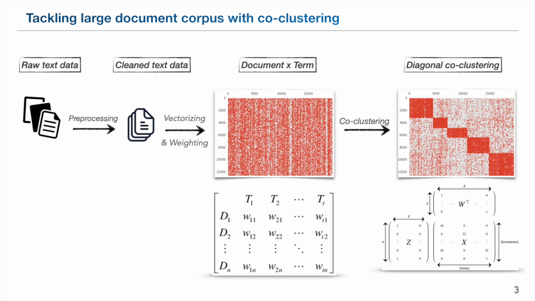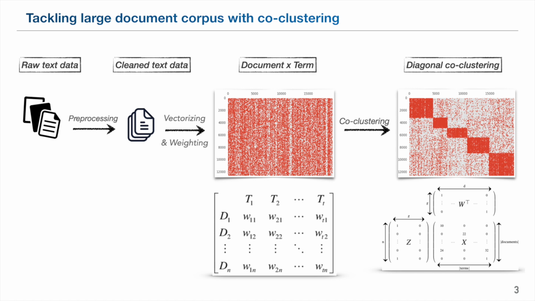So, after pre-processing, vectorizing, and data weighting to enhance discriminative elements, we get a matrix which contains at each entry a value that quantifies the presence of a word in a document. In short, the objective of diagonal co-clustering is to learn the Z and W matrices that correspond to the assignments of documents and words respectively to each co-cluster.